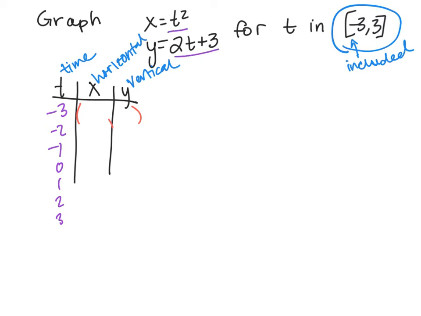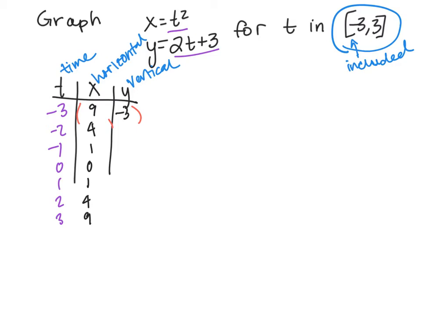So now we have our equations. We're just going to plug these values in. So first we'll go through the x's. -3 squared is 9. -2 squared is 4. -1 squared, 0 squared, so forth and so forth. Now to get our y's, we'll use the y equation, 2t plus 3. So when we plug -3 in, we get -3.